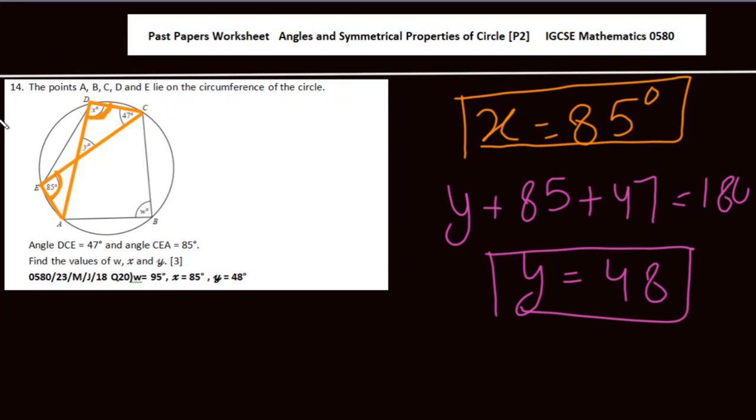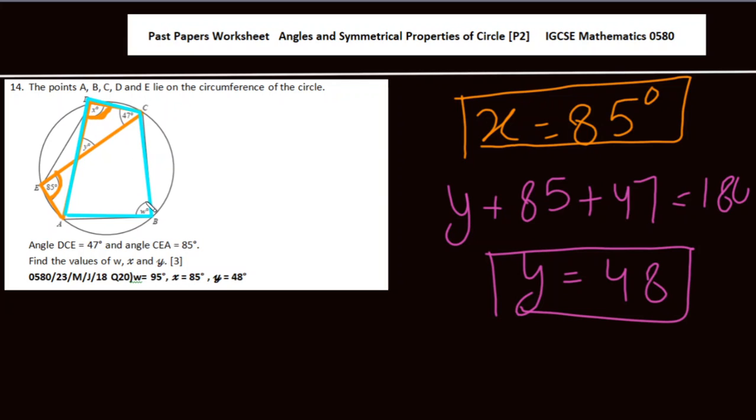We need angle W. For angle W, observe that this line and this line here are forming a cyclic quadrilateral. A cyclic quadrilateral is when the four vertices of the quadrilateral touch the circumference of the circle.